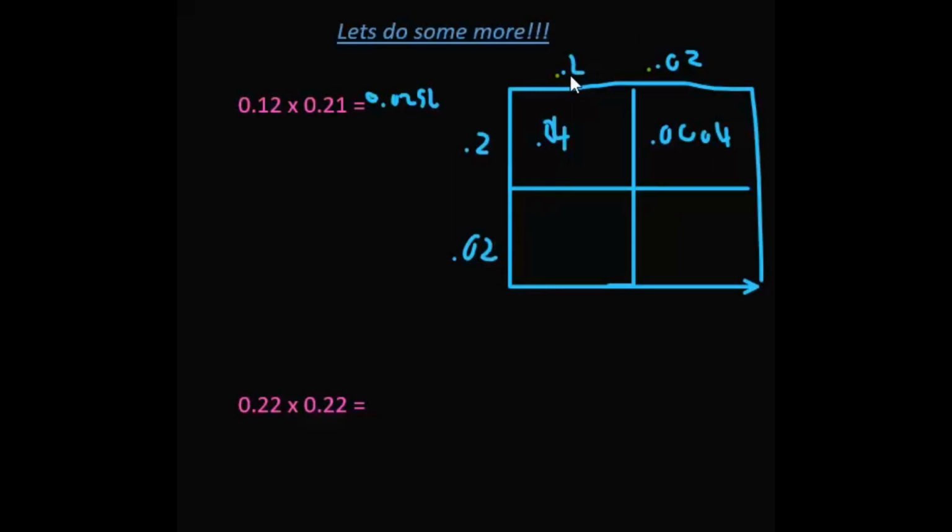Let's do that. Okay, and 0.02 times 0.2 equals 0.004. Okay, now let's do this one. 0.02 times 0.02. Okay, so it looks like we made a mistake here. This right here is supposed to go in the box underneath it.